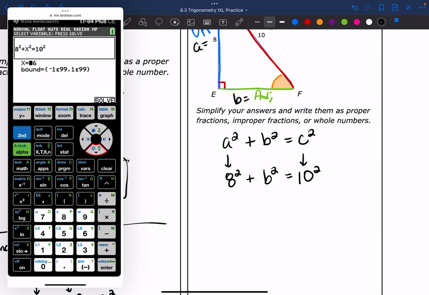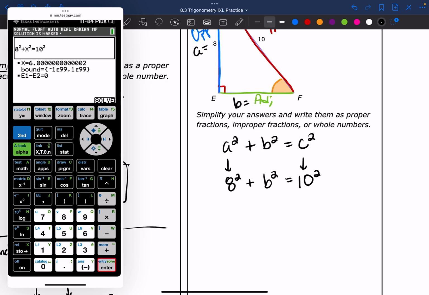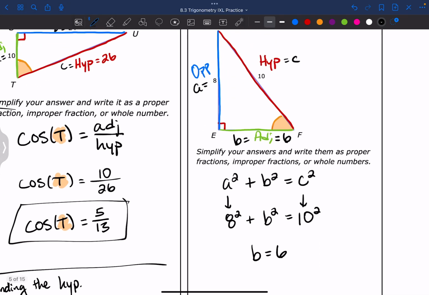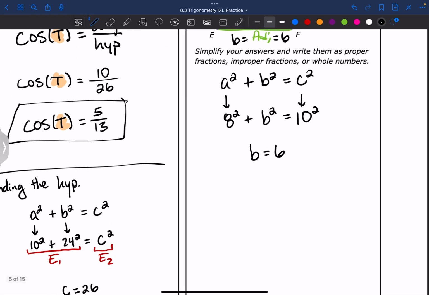Press down, press 1, press alpha, enter. I'm just putting the value 1 in there as a guess. What I get is this big number, but really if I look at it, round to just 6. So B is 6, leaving us the adjacent side to be 6. Now I have to just use my labeled triangle and find each part.